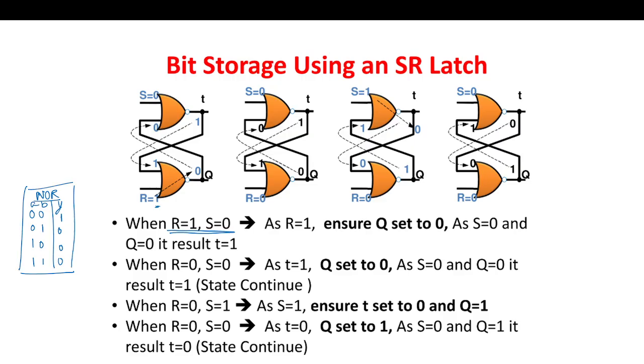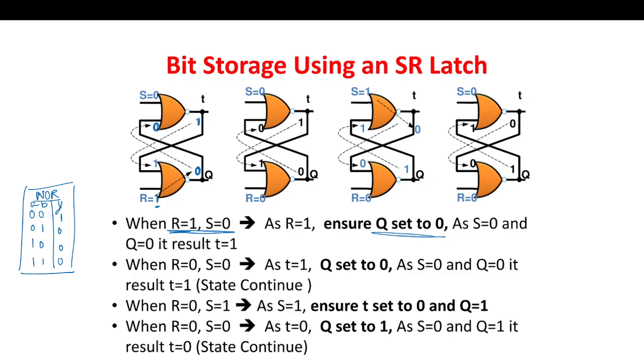So if any one input is 1, the output has to be 0. So if this is 0, 0 will come here, 0, 0 will be 1. So the output is at 0. So it's in the reset state. This S we call the set state, and R we call the reset state.